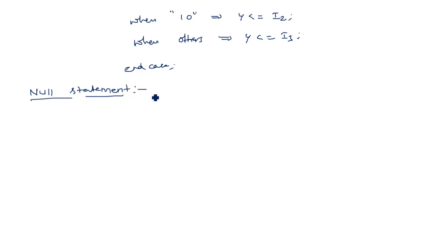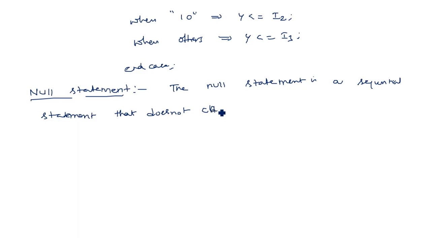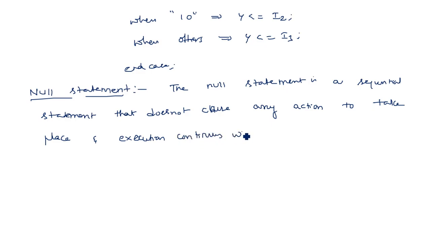The null statement is a sequential statement that does not cause any action to take place, and execution continues with the next statement.